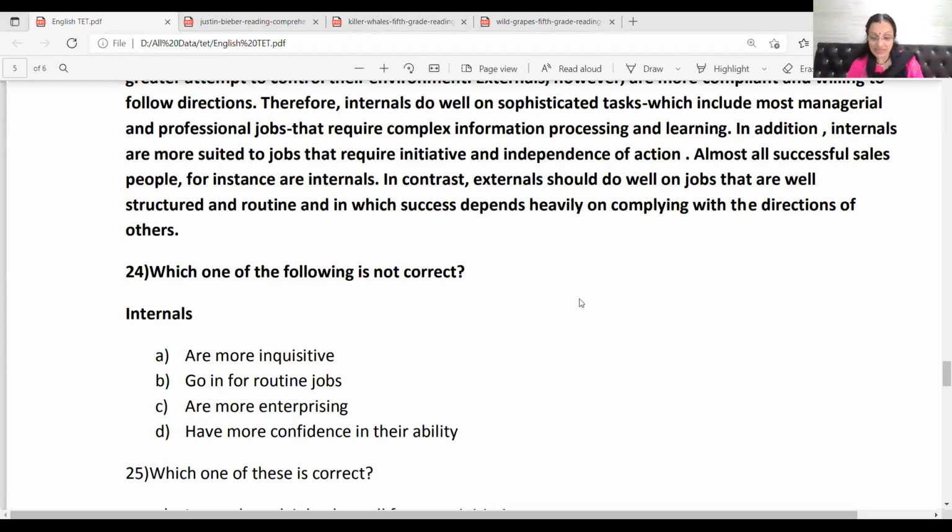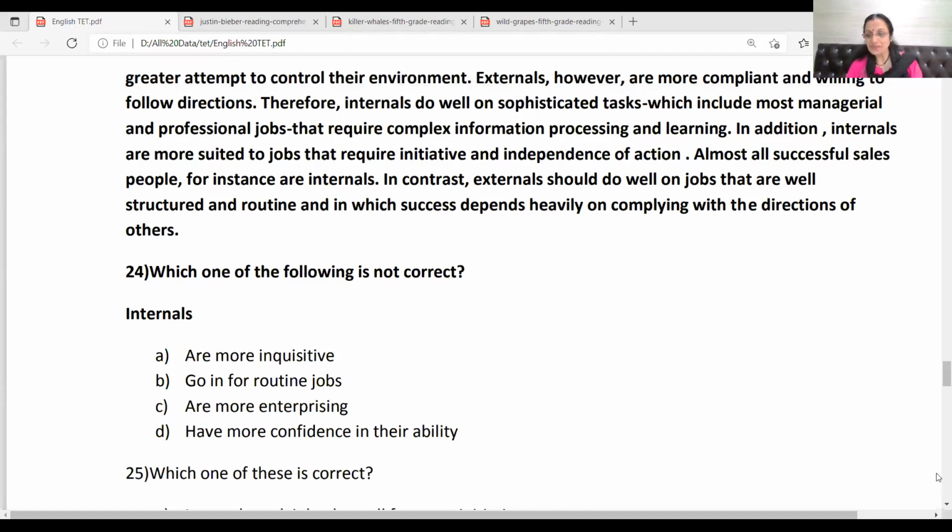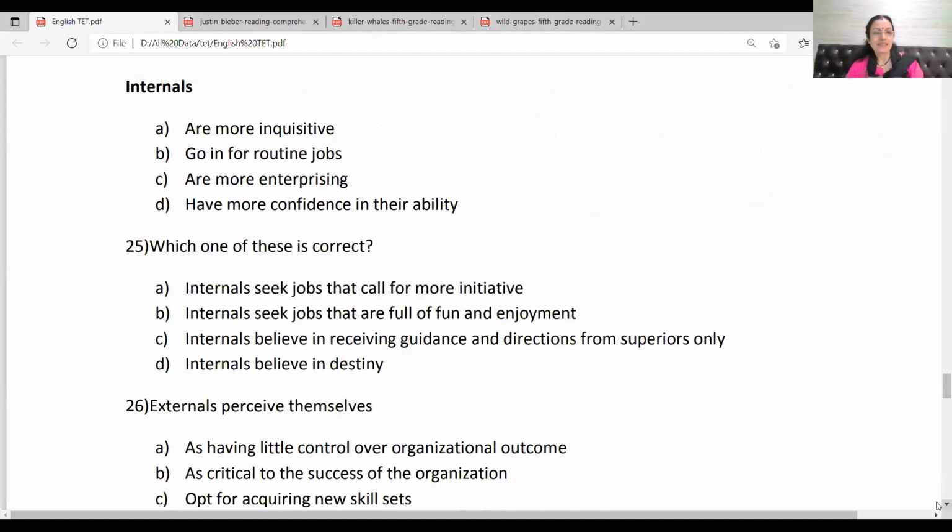Now the next question, these are more confusing. Which one of these is correct? The confusion is between A and B. C and D are definitely for externals.